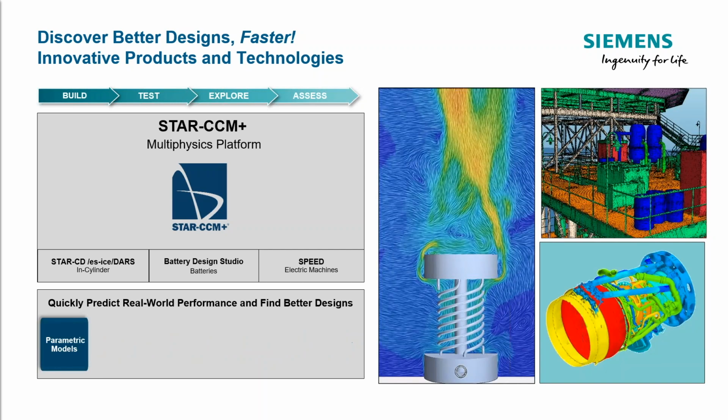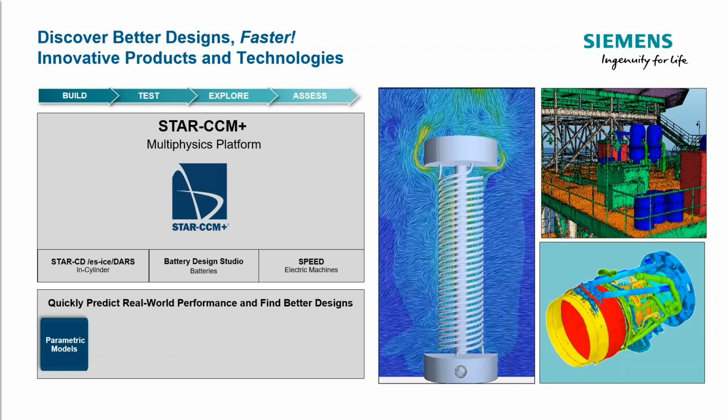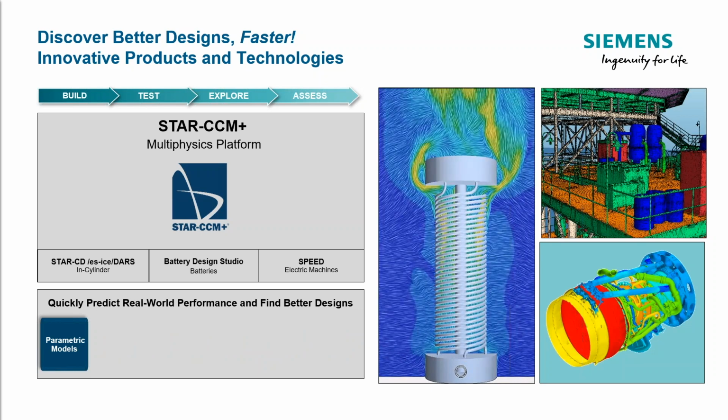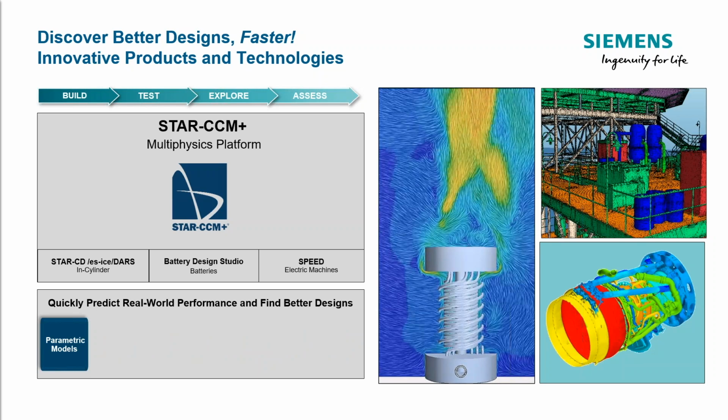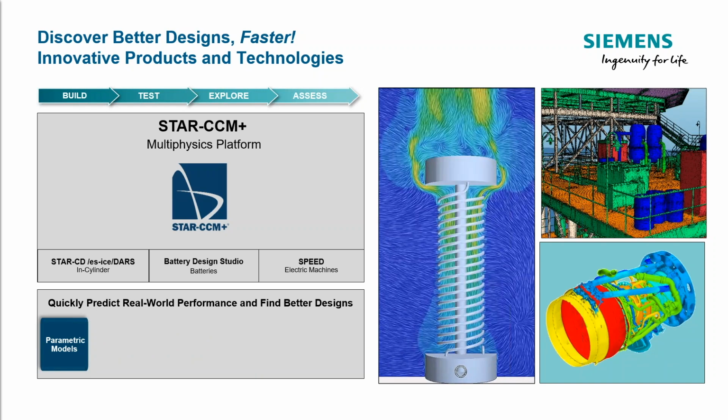The first aspect is the implementation of parametric models. Built into STAR-CCM Plus is its own 3D CAD tool, which is actually a pretty solid 3D CAD tool in my experience. There's a lot you can do with it. With this CAD tool, you can identify certain parameters, certain dimensions within your model that you'd be interested in changing.